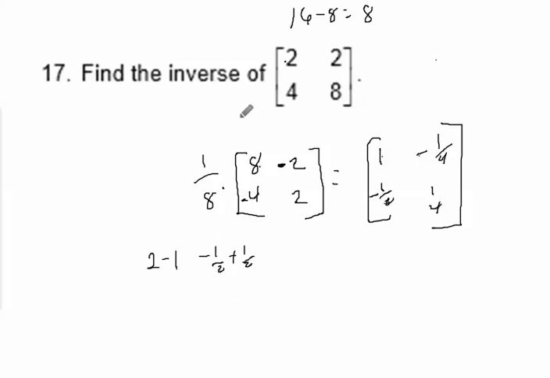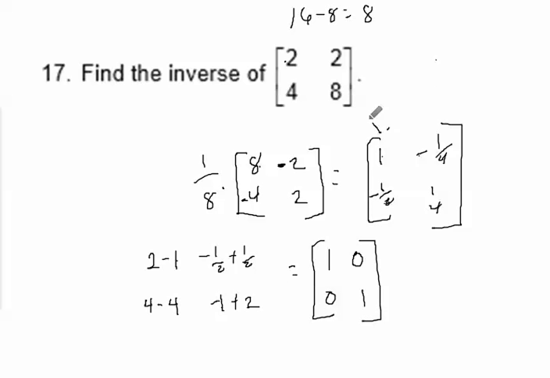And then if I take 4, 8, 4 times 1 is 4, and 8 times negative 1/2 is negative 4, and 4, 8, that'd be negative 1, and 8 times 1/4 is 2, plus 2. Well, let's see here. 2 minus 1, that's equal to 1. Negative 1/2 plus 1/2, 0. 4 minus 4, 0. Negative 1 plus 2, 1. Yes, we got the identity matrix back when we multiplied it. So this is the inverse of that.